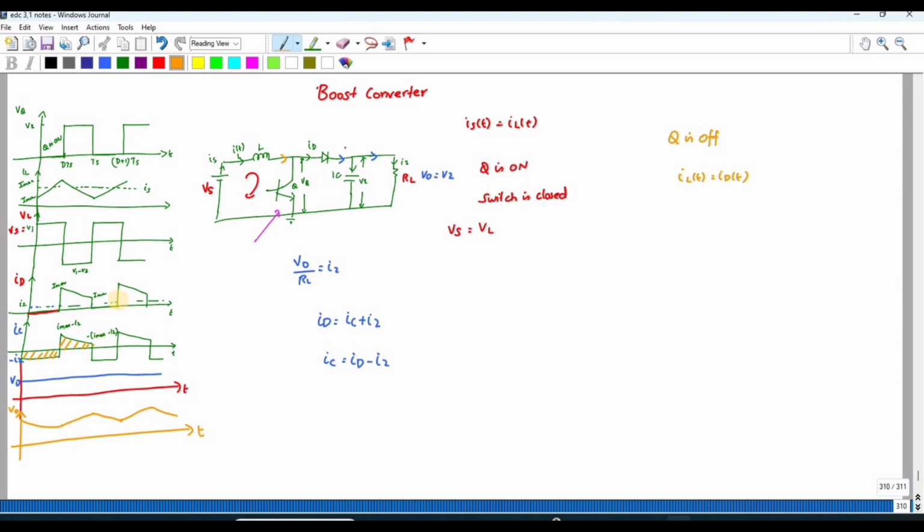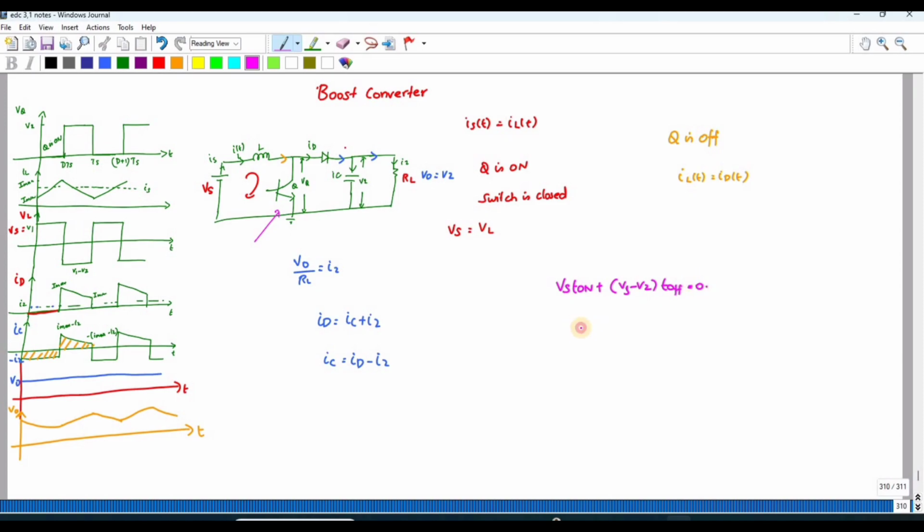So let us derive the equation for V naught. So I can write Vs T on plus Vs T on plus V1 minus V2. V1 is nothing but Vs. Vs minus V2 T off is equal to 0.